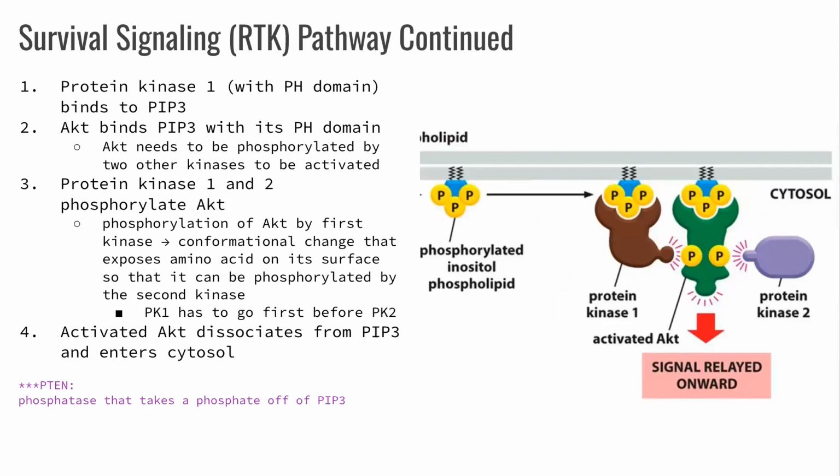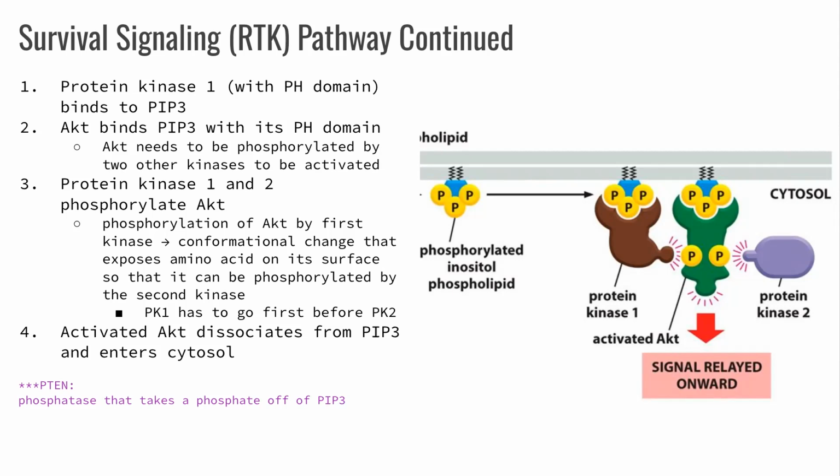Okay. Now that the inositol phospholipid has the 3 phosphates, it can go and bind protein kinase 1. And the protein kinase 1, in order to bind the PIP3, has a PH domain. So this is the PH domain over there.